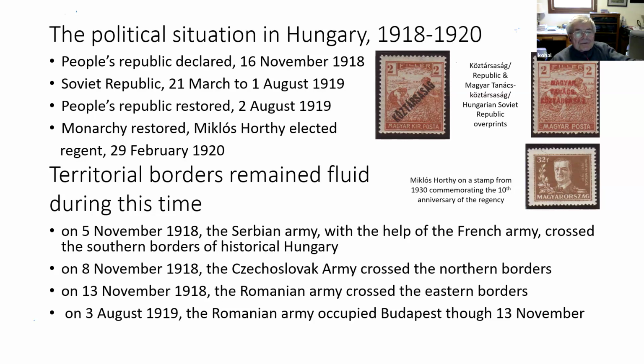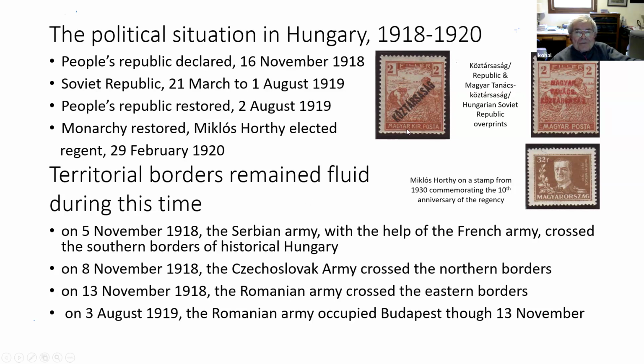The Serbians crossed the border early on in November of 1918 with the help of the French, occupied parts of southern Hungary, not just Croatia, but actual Hungary. The Czechoslovak army crossed the northern borders at about the same time, and then Romanians came in from the east. Romanians ended up being the most successful occupiers because they occupied Budapest and parts of Transdanubia through November of 1919.